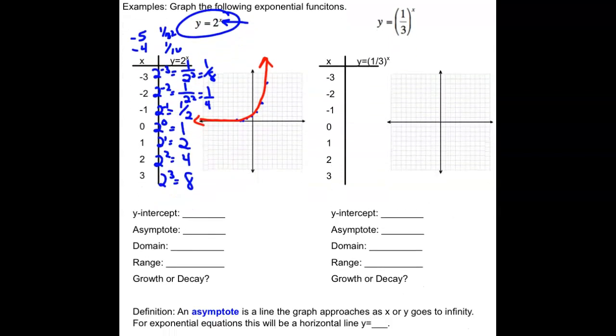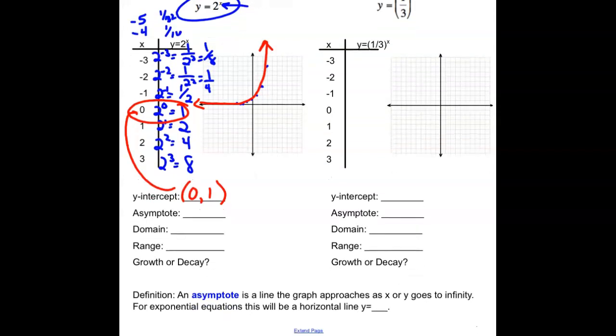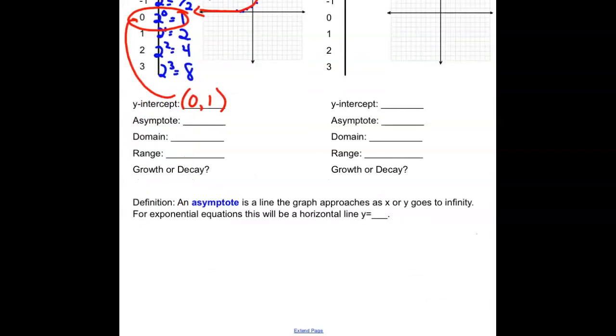Okay. Let's look at our y-intercept. Remember, the y-intercept is the value for y when x is 0. And if you look at our table here, we found that to be 1. The asymptote, we have a little definition for that right down here at the bottom. An asymptote is a line that our graph approaches as x or y goes towards infinity.